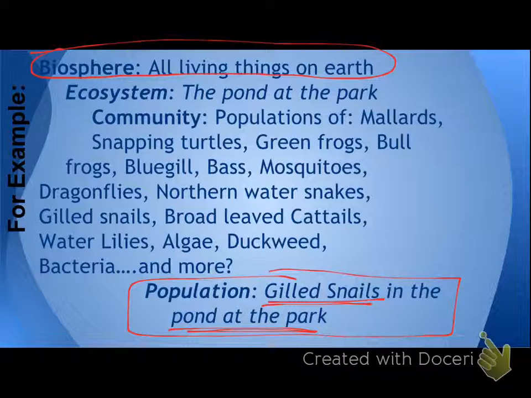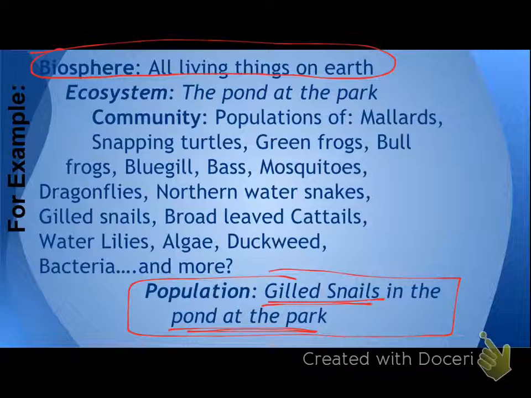Okay. The words that you have for tomorrow for your third column are biosphere, ecosystem, biotic, abiotic, community, population. And actually atmosphere too.